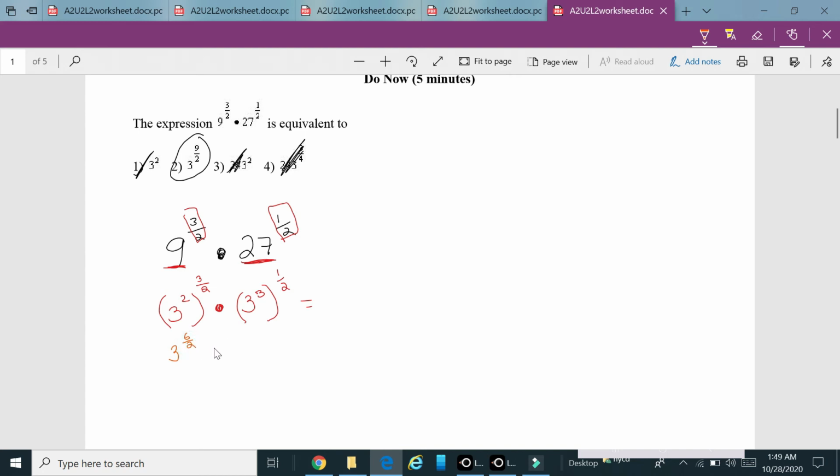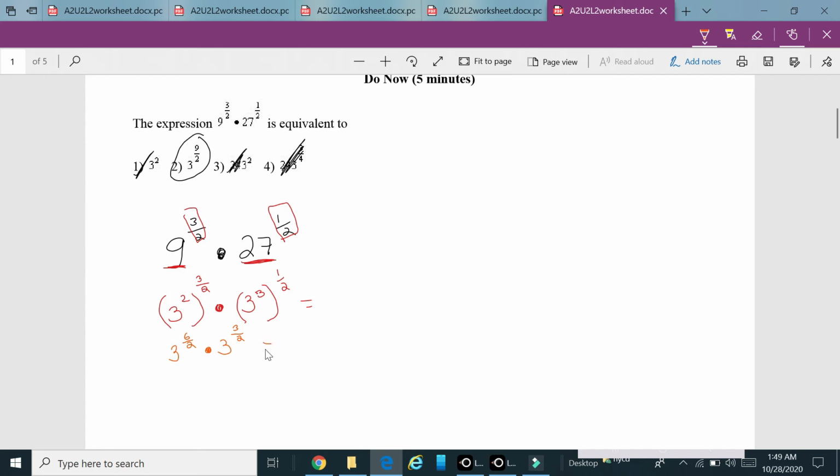Okay, so it's 6 over 2 times, same thing, 3 to the 3rd power, 3 to the half. 3 times 1 will give you 3. So you keep that base, before I forget. And then it's going to be a fraction. So 3 times 1, that's going to be 3. And then you keep the bottom number.